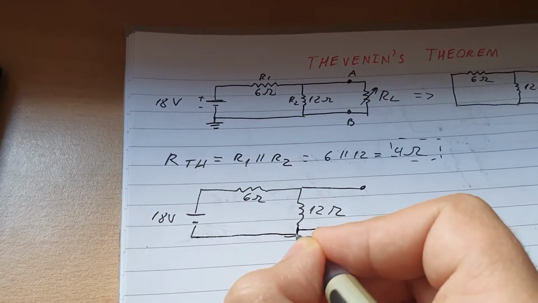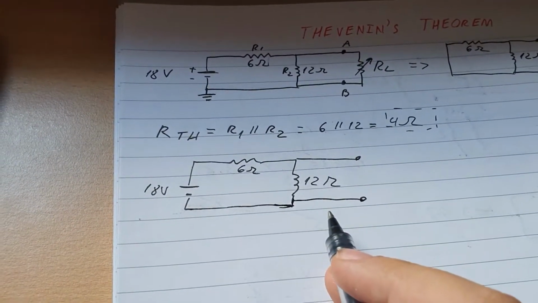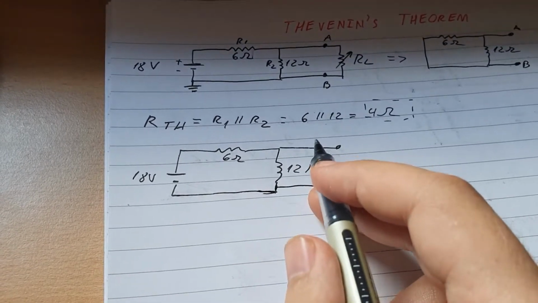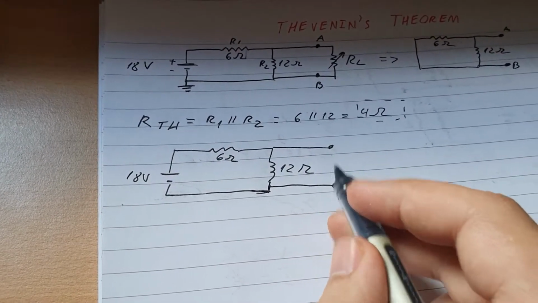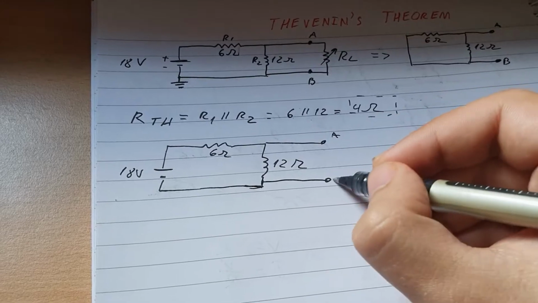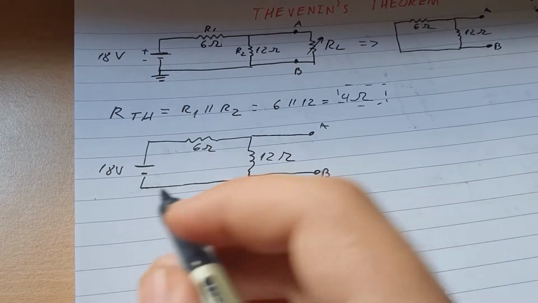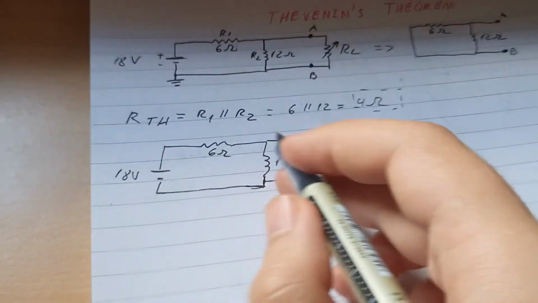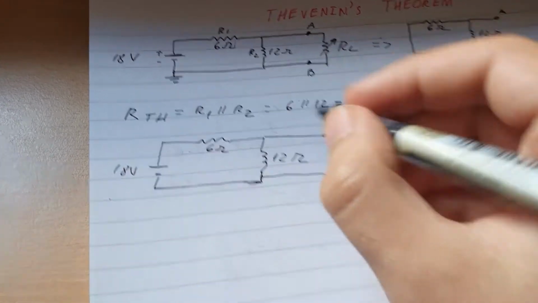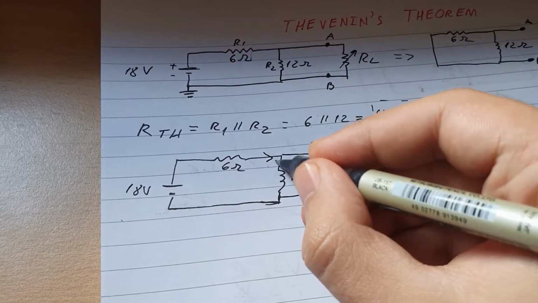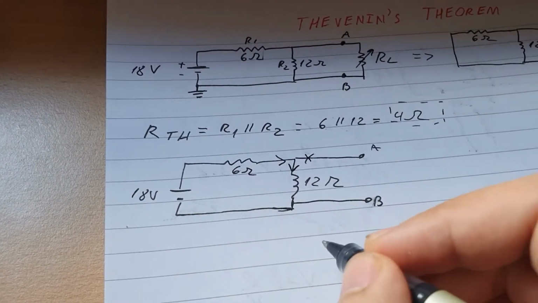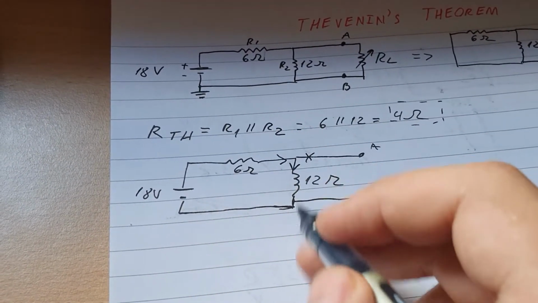Here's the interesting part: there is no current going through this opening because it's not really part of the circuit. Therefore, we can see this as a series circuit, where the current goes in this direction, then goes down. It will not go through there.